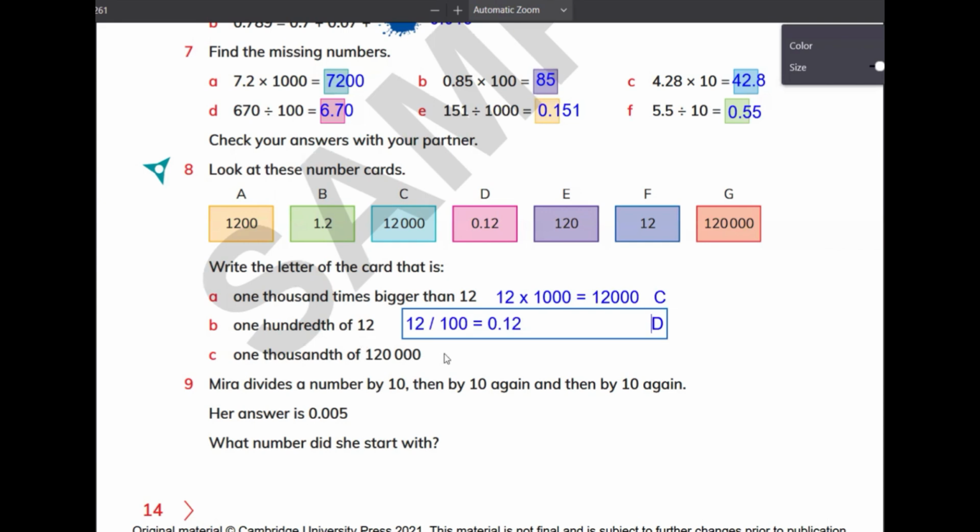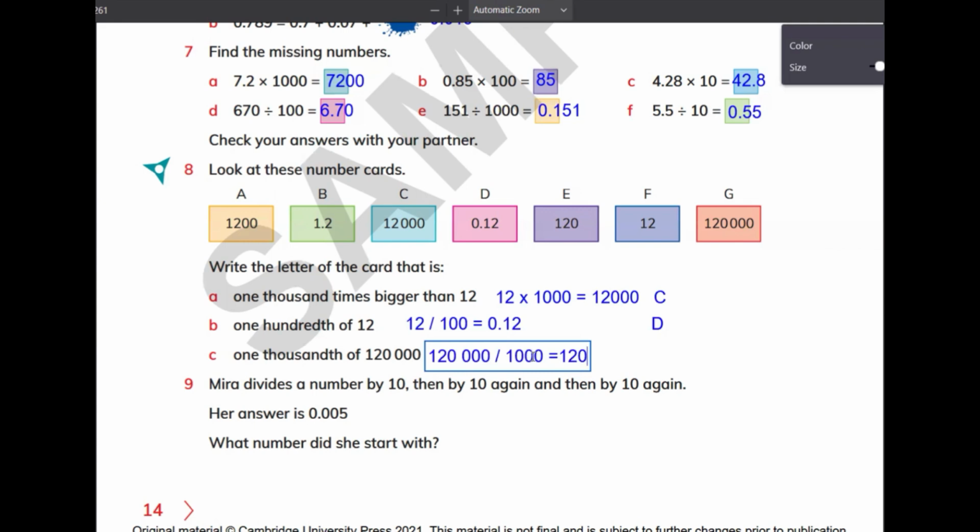Then go to the one after, number C, with the same idea. They say one thousandth of 120,000. That means you divide 120,000 by 1,000. Why do we divide? We didn't multiply because we said thousandth, with a TH. That will be equal to 120. Why is it 120?